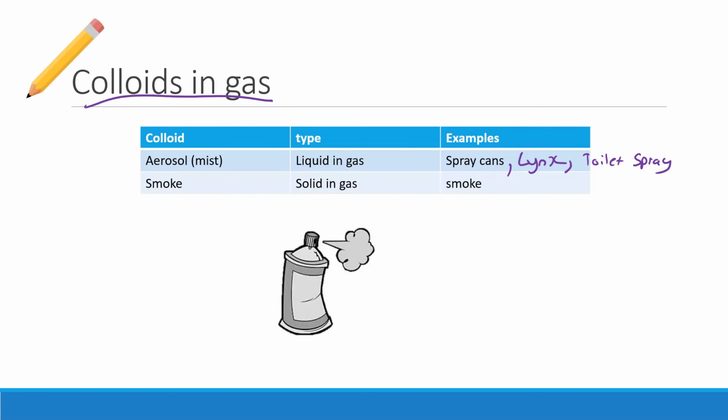Oh, there you go. Another example is dust. If you've ever picked up an old dusty thing and blown it, the dust gets in the air and it's really gross. That is an example of a colloid, dust in air.